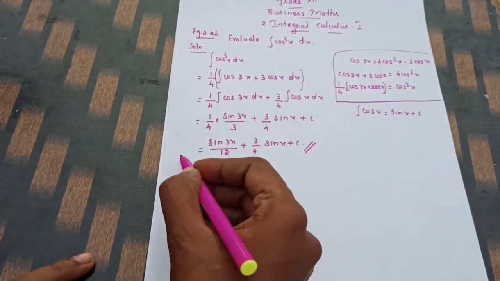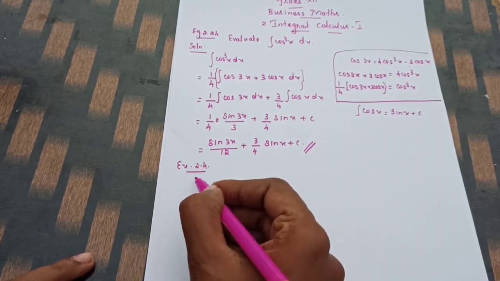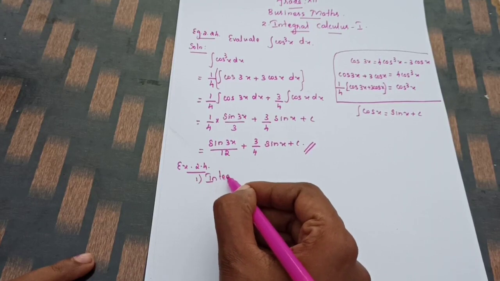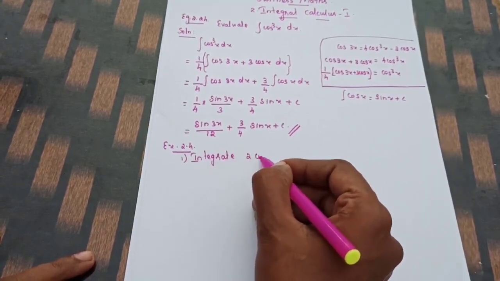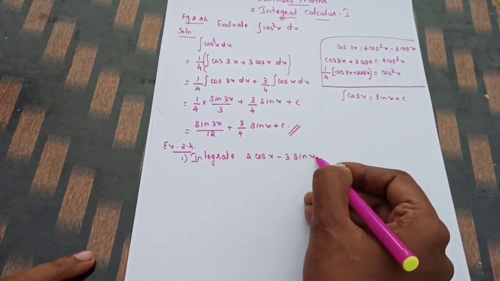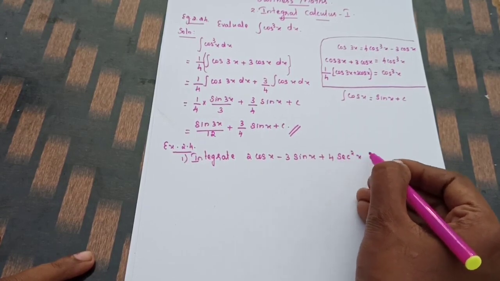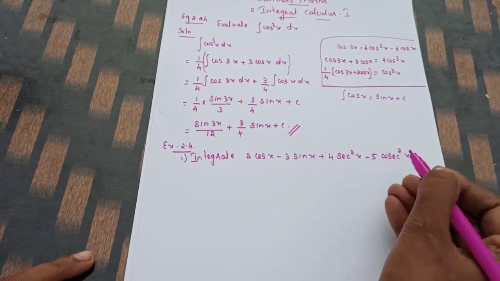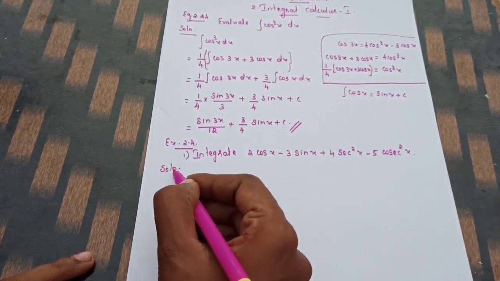So let's move to the exercise. Now exercise 2.4, problem number 1. One by one we will do. That is, integrate 2 cos x minus 3 sin x plus 4 secant square x minus 5 cosecant square x. Solution.